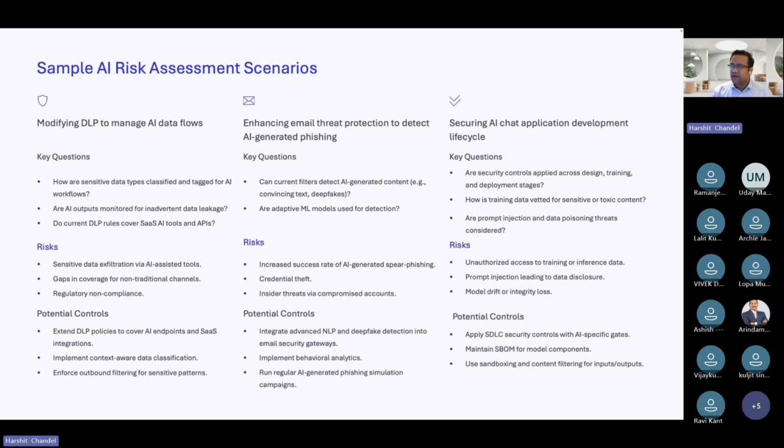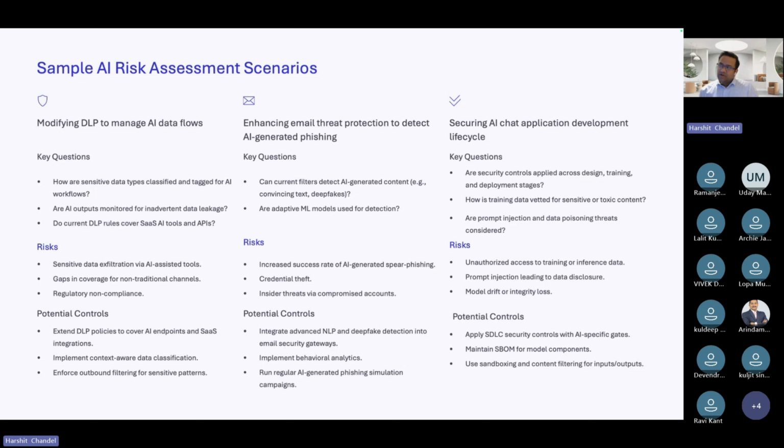How are sensitive data types classified, tagged to AI workflows or AI output, etc., etc. The risks would be sensitive data exfiltration, gaps in coverage of non-traditional challenges, regulatory non-compliance. Potential controls can be extending DLP policies to cover AI endpoints and SaaS integrations, right? Implement context-aware data classification, etc., etc.